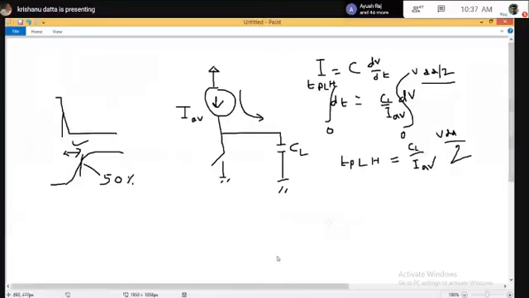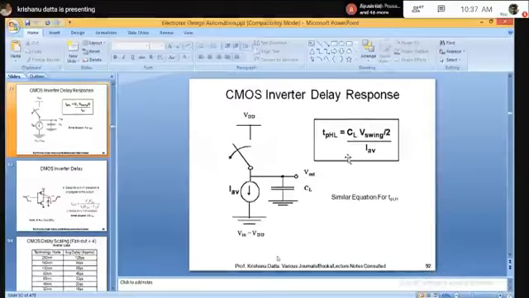Okay, so now if you see this equation, it's a very simple equation. CL by I average VDD by 2. And then what is written here in the slide? CL V swing by 2 average. So it's basically the same thing except I use VDD and here they're using V swing. So there must be a connection between VDD and V swing, and the connection is that V swing is VDD. So what is V swing?